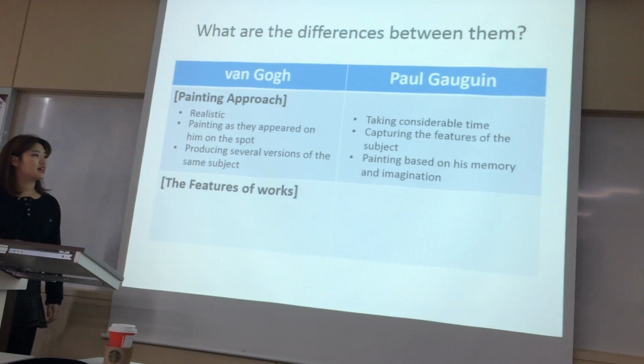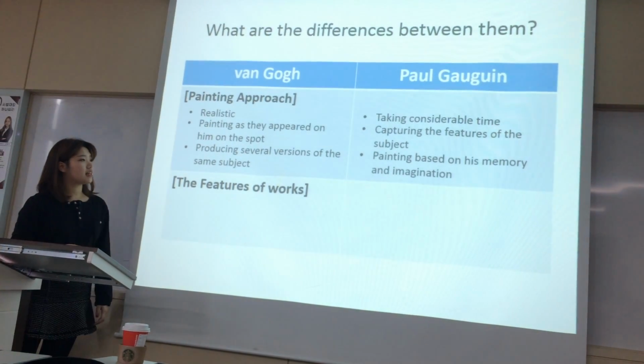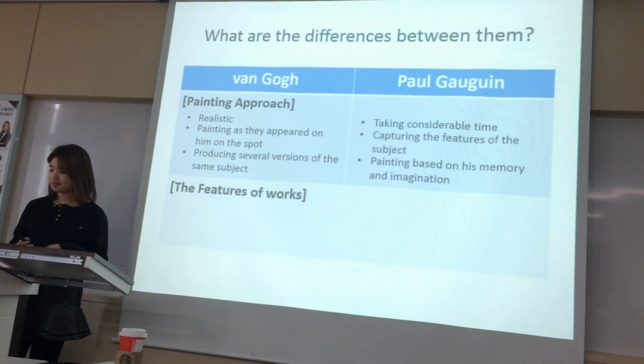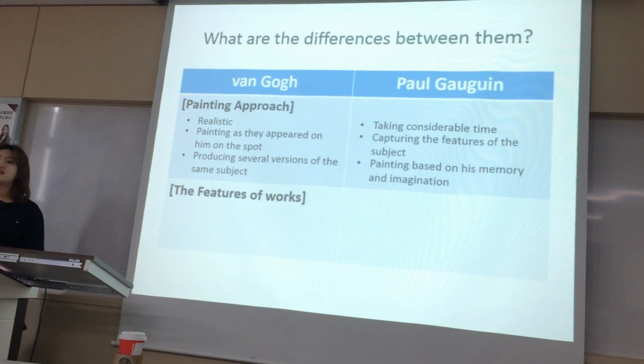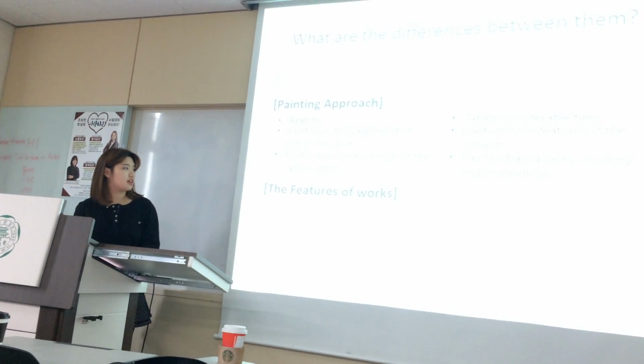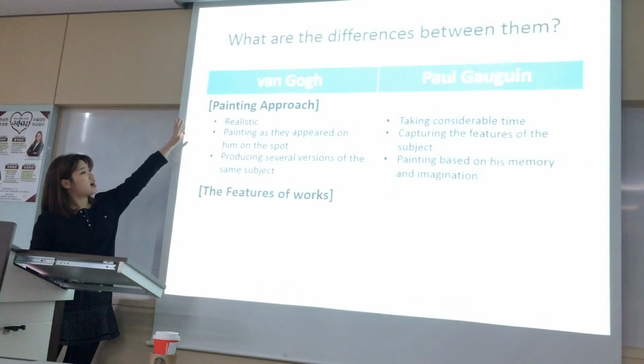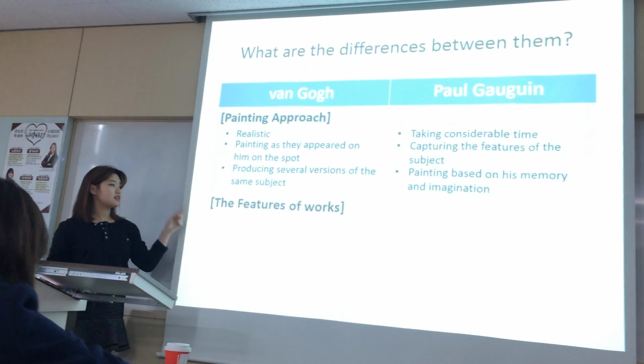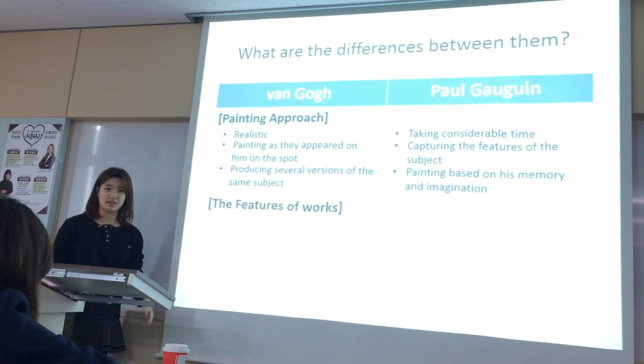And yes, right. He painted based on his memory and imagination. Next, let's look at the next section. These different painting approaches cause the differences in the features of works.